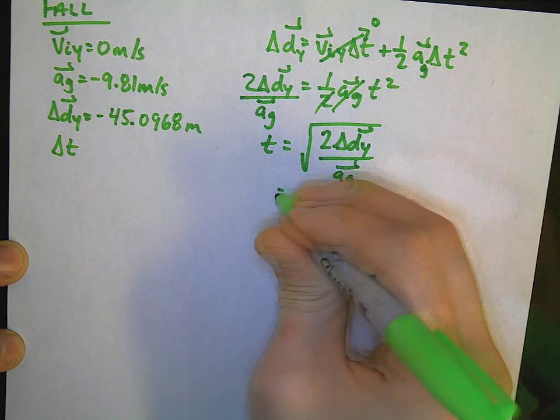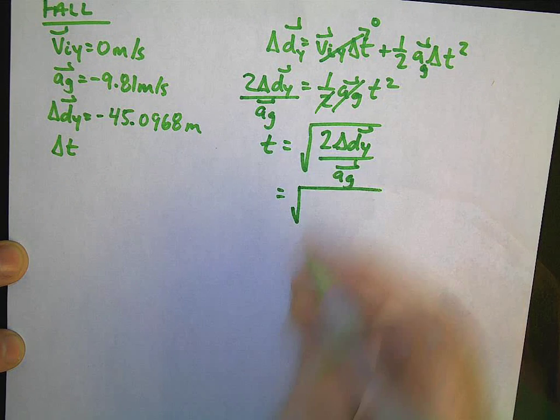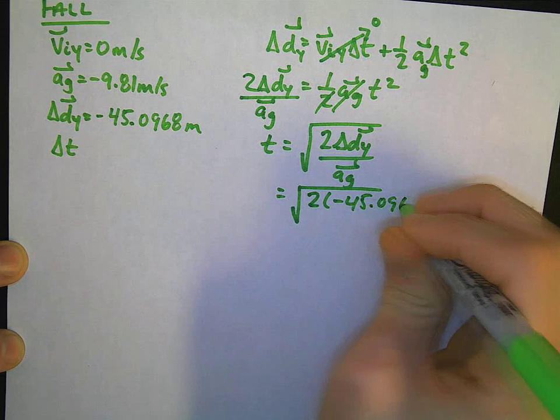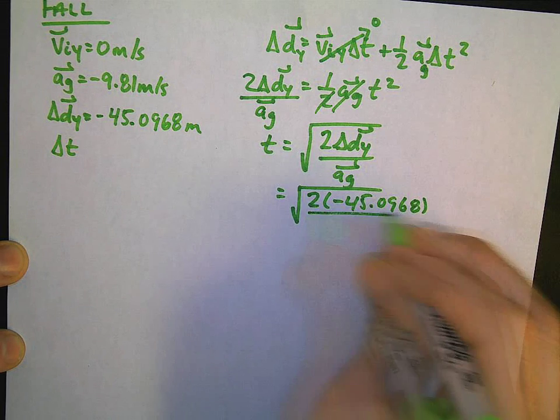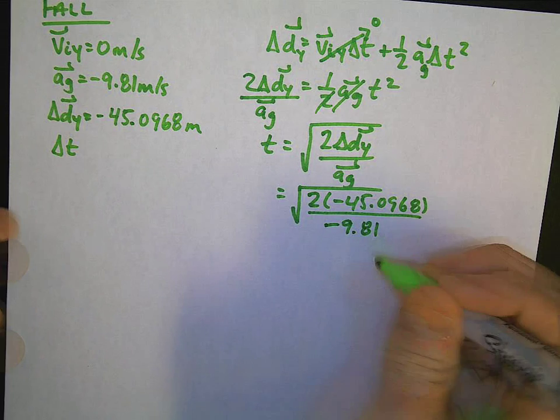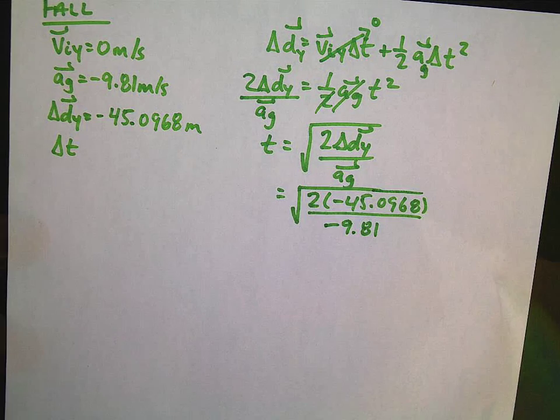And that will be 2 times negative 45.0968 all over negative 9.81. My apologies, I'm noticing to myself I'm speeding up now. I'll slow down just a little bit, but let us calculate this now.